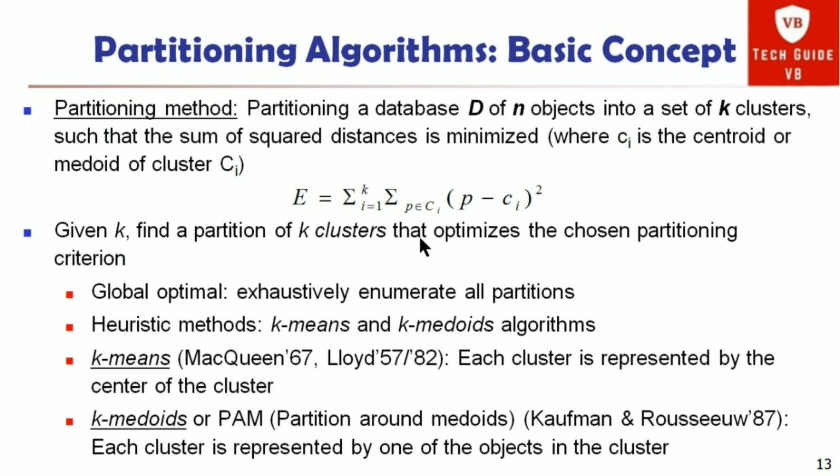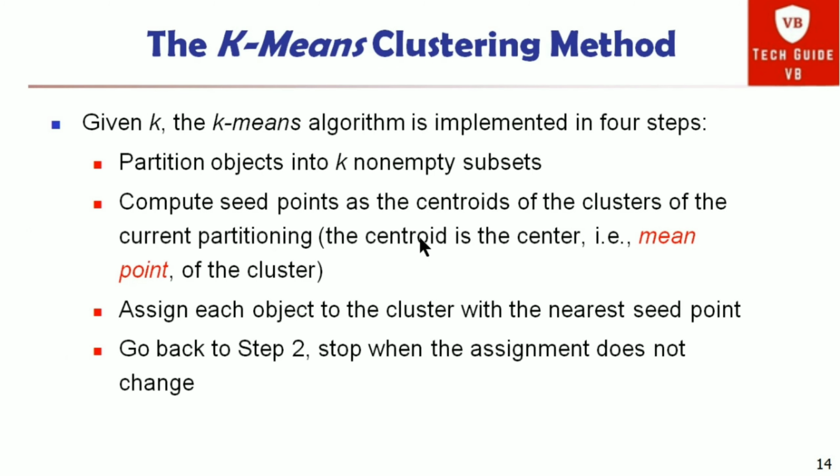K-medoids means PAM, that is partition around medoids. K-means was developed by MacQueen and Lloyd, and k-medoids by Kaufman and Rousseeuw. In k-means, each cluster is represented by the center of the cluster, and in k-medoids, each cluster is represented by one of the objects in the cluster.